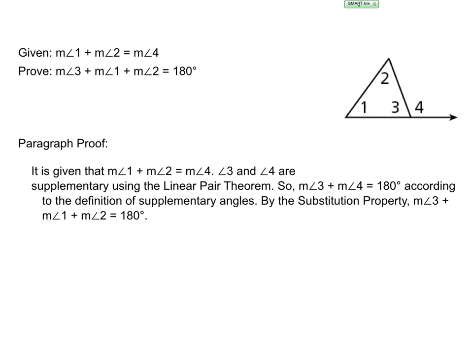And then it goes on to say angle 3 and angle 4 are supplementary using the linear pair theorem. That's where the linear pair theorem is the reason. Angle 3 and angle 4 are supplementary is the statement that's being supported. So, measure of angle 3 plus measure of angle 4 equals 180 according to the definition of supplementary angles. There's the reason. And by the substitution property, there's the reason. Measure of angle 3 plus measure of angle 1 plus measure of angle 2 equals 180 degrees.